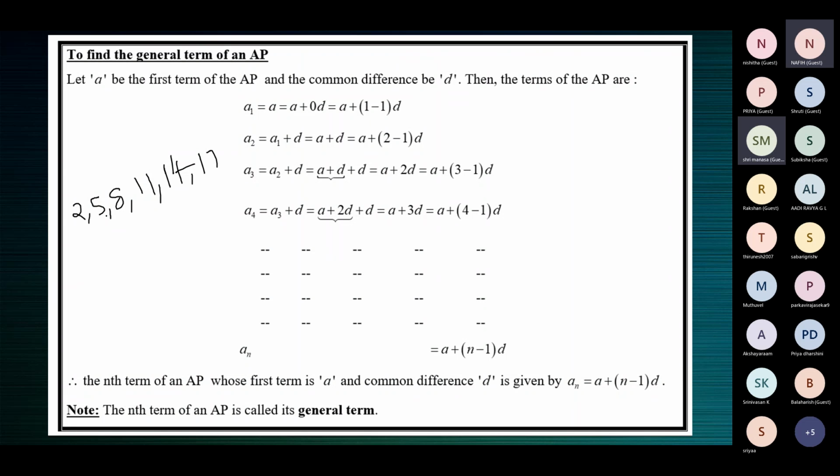You will see the common difference is 3: 5 minus 2 is 3, 8 minus 5 is 3, 11 minus 8 is 3, 14 minus 11 is 3. So the sequence forms an arithmetic progression.